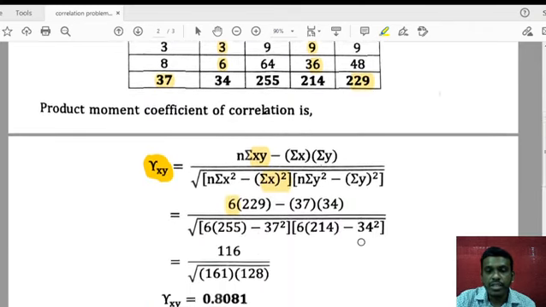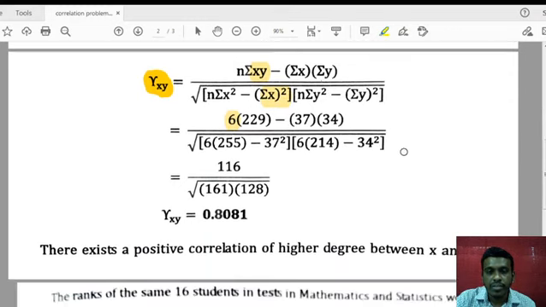Once you solve this, you will get the simplified value. Remember that every time we first need to solve the brackets. Whatever is in the bracket has to be solved first, and then it has to be multiplied.